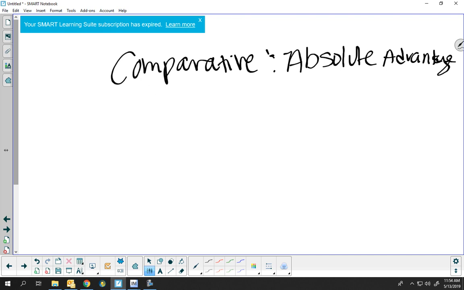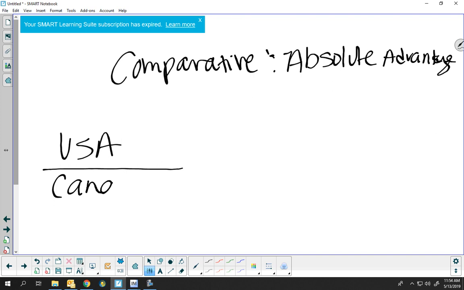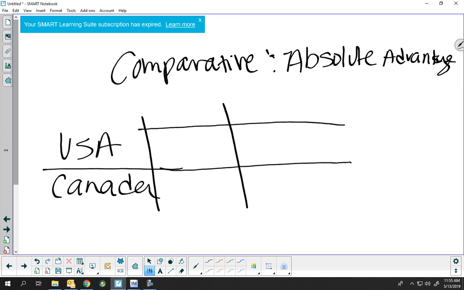So let's do an example between, I don't know, USA and Canada. Let's say that between the two countries, we're making planes and cars. First we're going to talk about the difference between input and output, because knowing that tells you how to do the math for everything else.